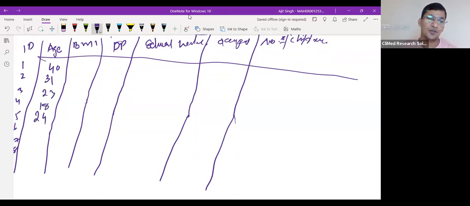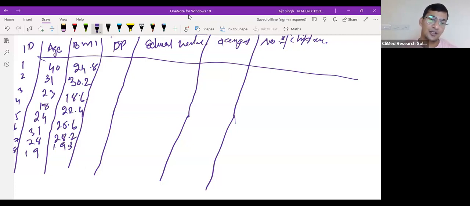Someone is 24. Someone is 31. Someone is 28. Someone is 90. This is just the age, and their BMI is, suppose, 24.8, 31, 30.2, 18.6, 22.4, 25.6, 28.2, and again 19.3.